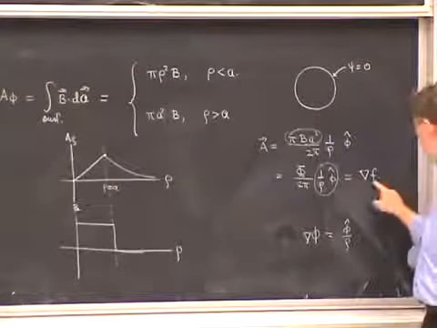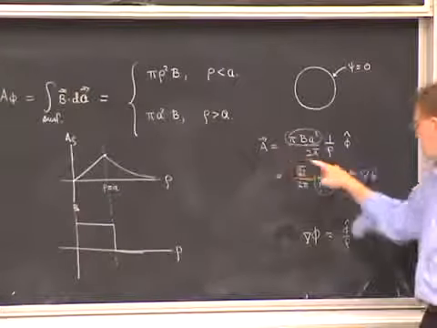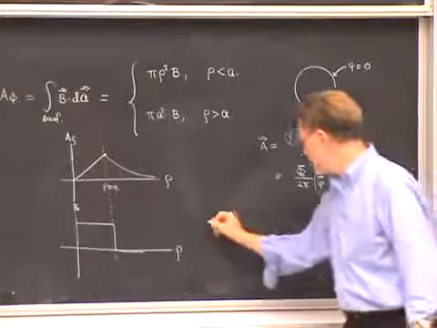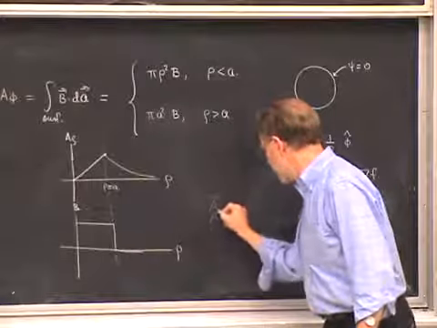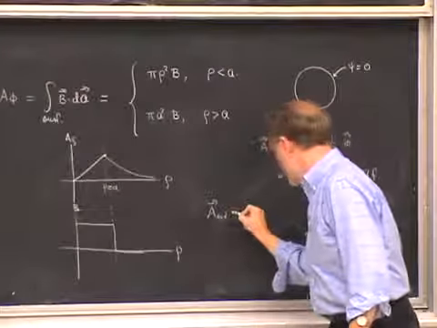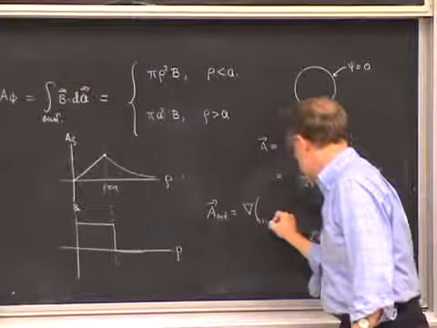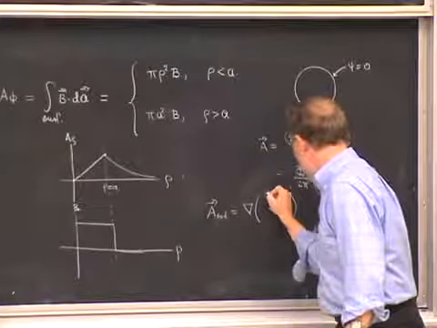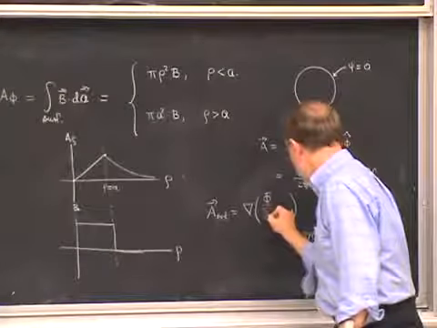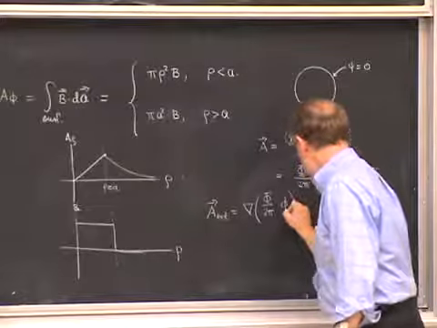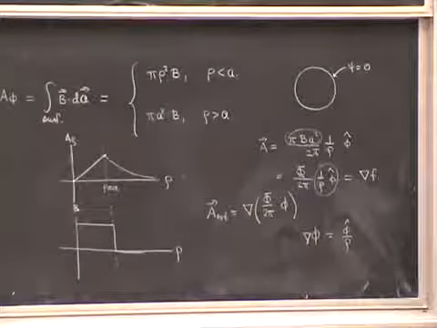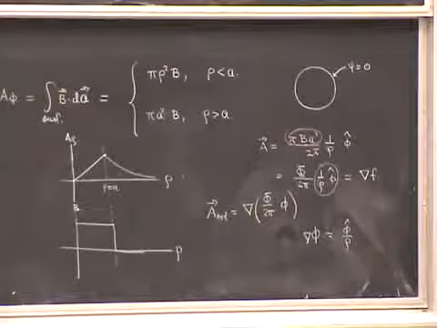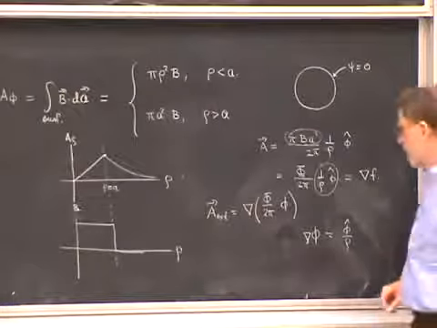And so, to summarize, the vector potential in the exterior region is equal to the gradient of a scalar, which is the flux in the solenoid divided by 2 pi times the azimuthal angle phi.